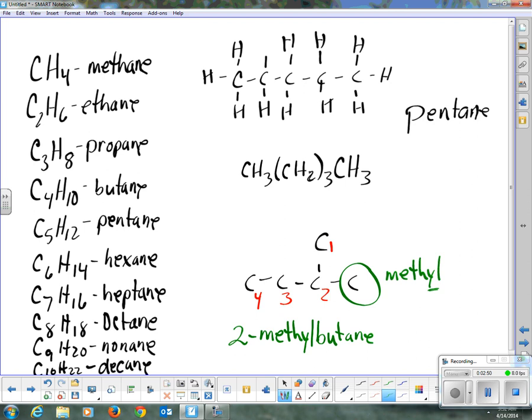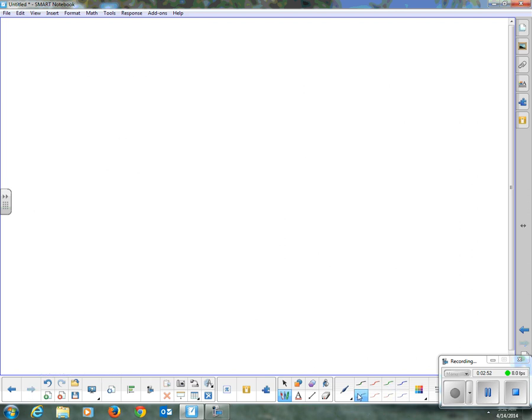Let's do a few more. So here I have this compound. Now, looking at this compound, I can start at either end and number towards the center, and things come off both at number 3. But if I start on the right and go to the left, I actually have 2 things coming off at number 3.